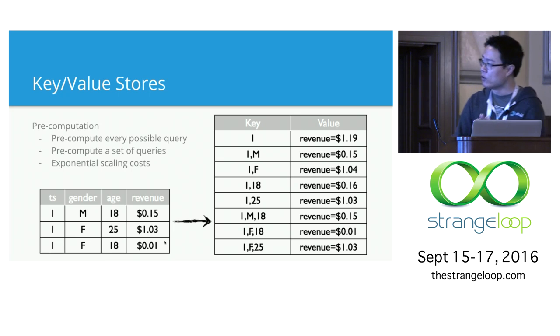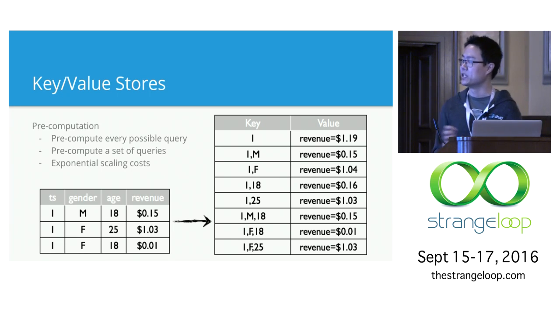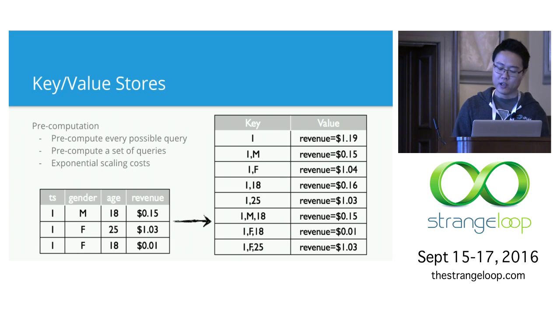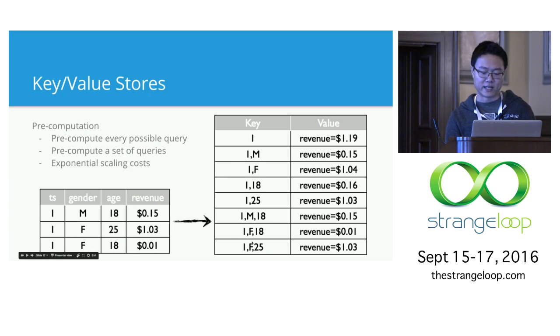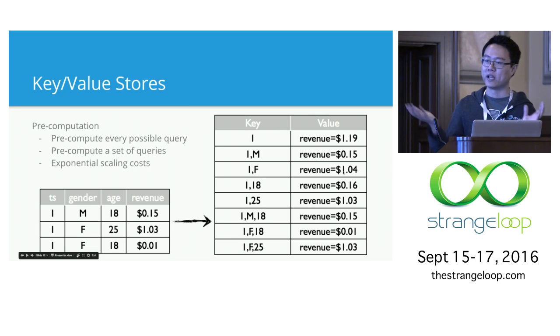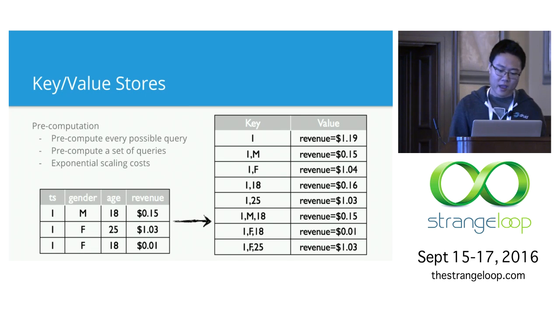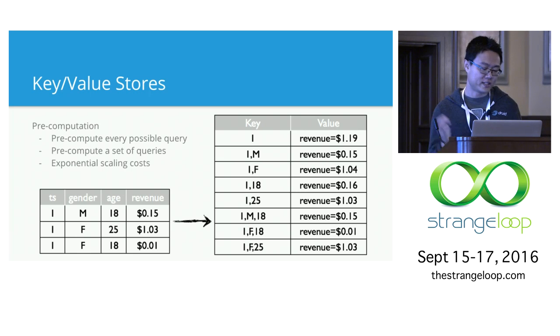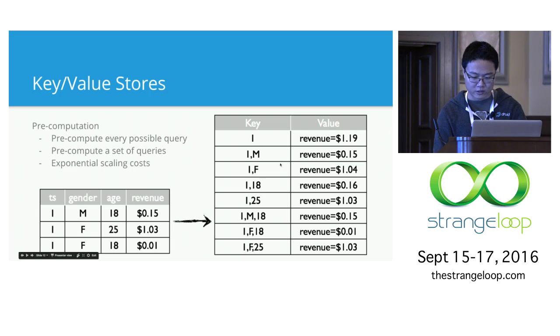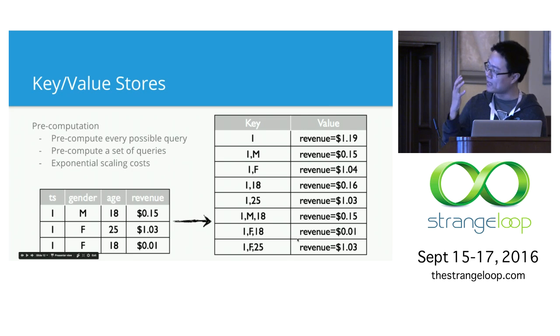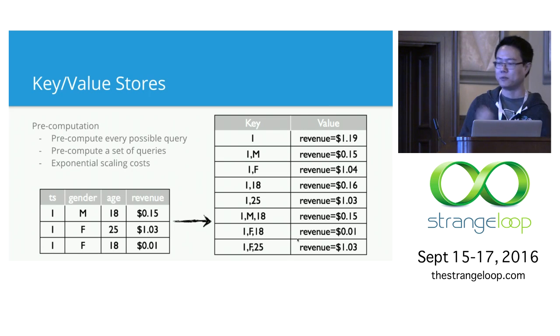So if you want to support any ad hoc query, like every arbitrary combination of queries that you can make, you basically do this idea for every permutation of filters, every permutation of queries out there. And this works if your data set is very, very small and the total pre-computed query set is reasonable.